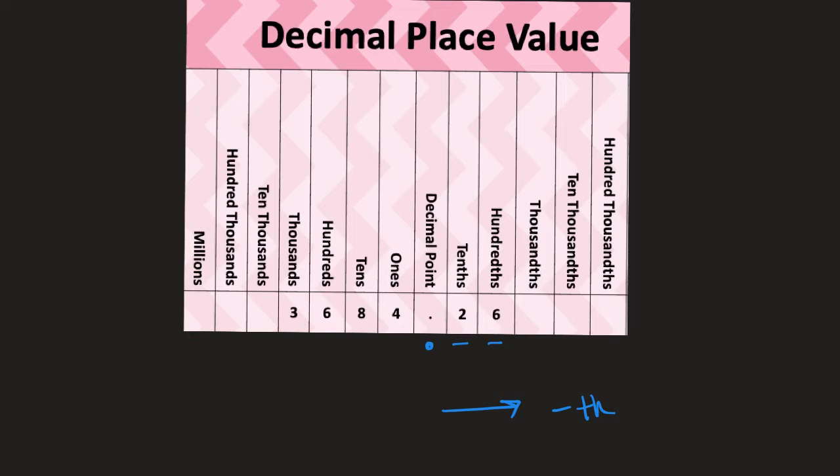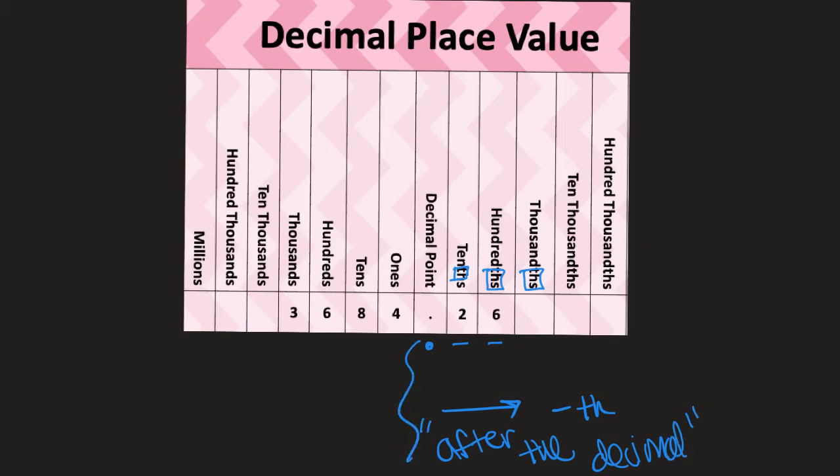So if it has a TH at the end of it, like tenths, hundredths, thousandths, okay, and we can keep going, that means it's going to be after the decimal. So anything to the right is after the decimal.